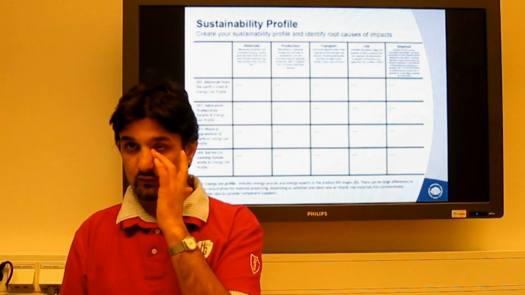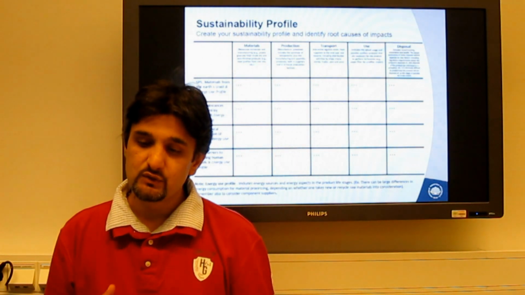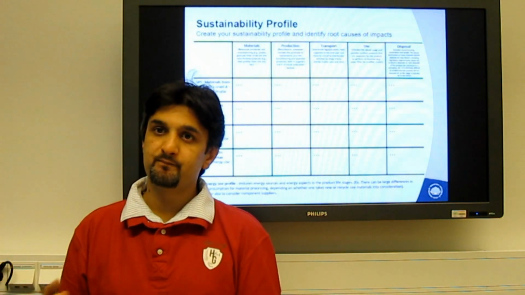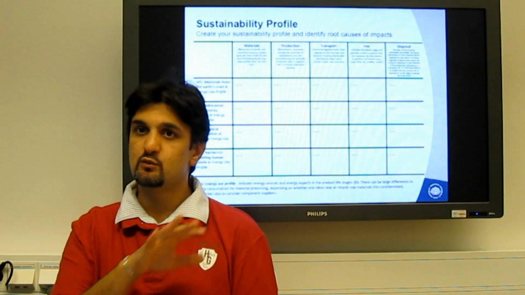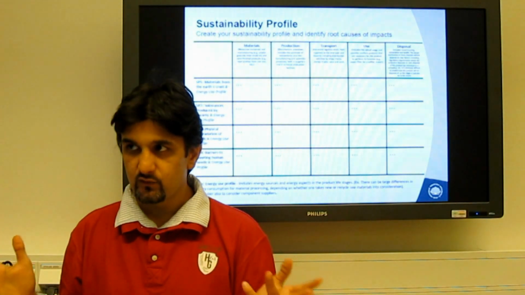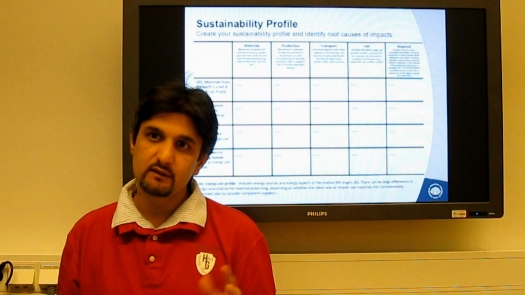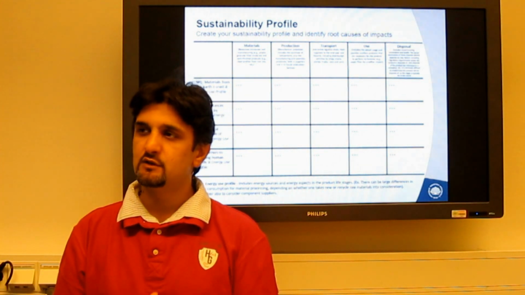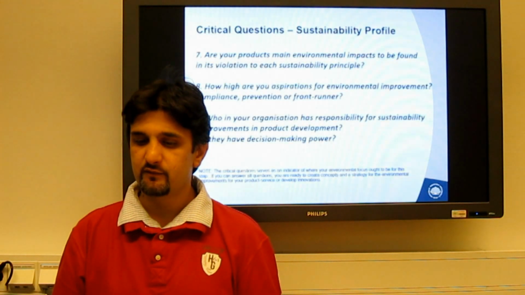Just put them on the table when you want to do the sustainability profile of some sort of product. Just draw the table in two axes, one of them with the 5 life cycle stages of the object, and the left axis could be the principles. Then try to illustrate these kinds of items.